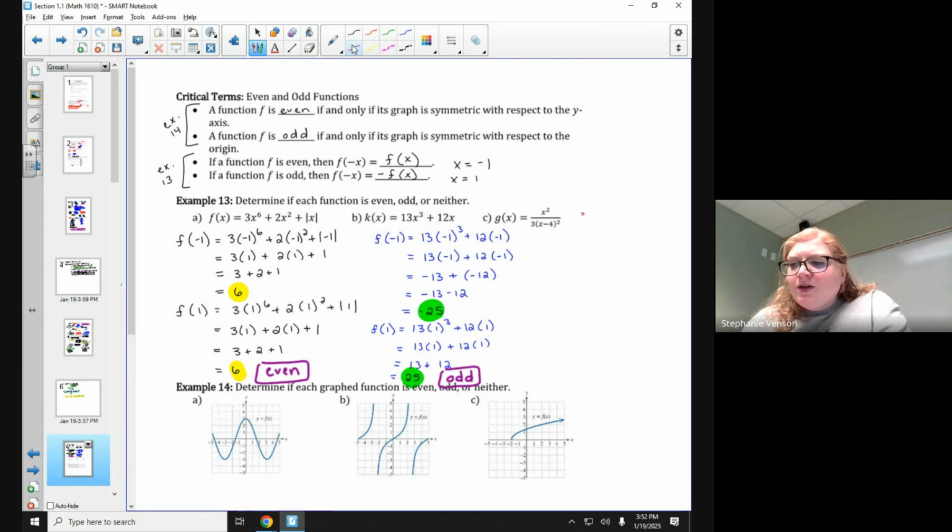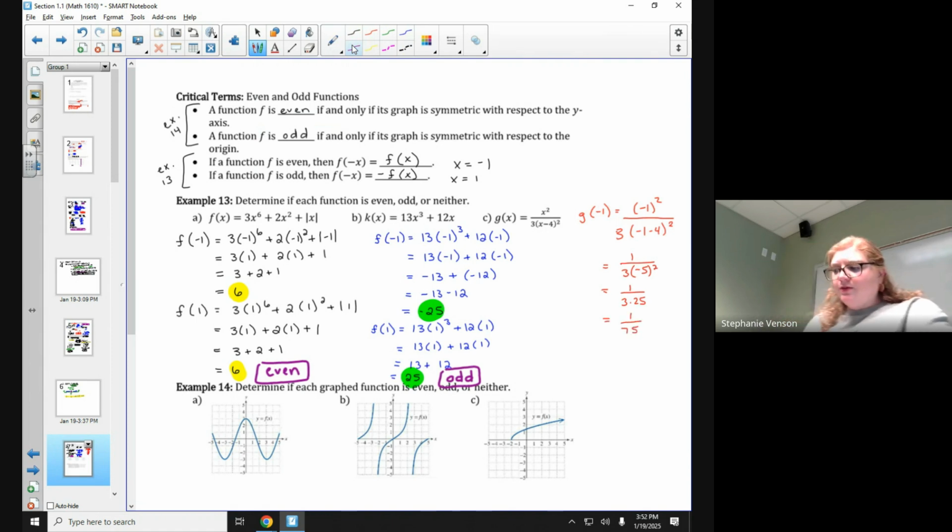Okay, so we have G of -1 is -1 squared over 3 times -1 minus 4 squared. So -1 squared is +1 over 3 times -5 squared, which is 1 over 3 times 25, which is 1 over 75.